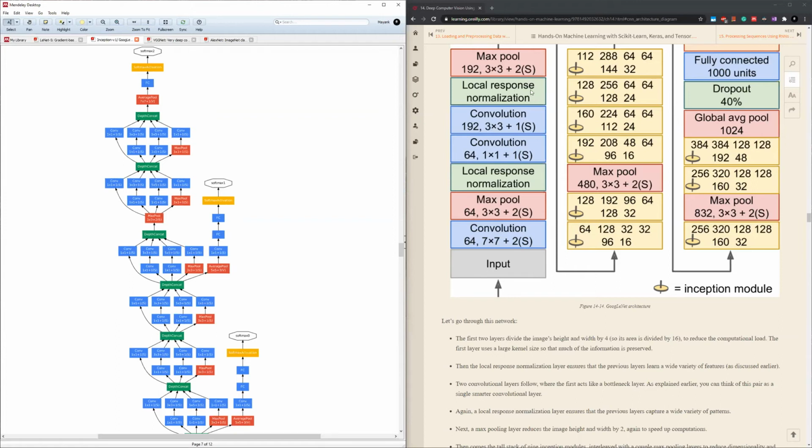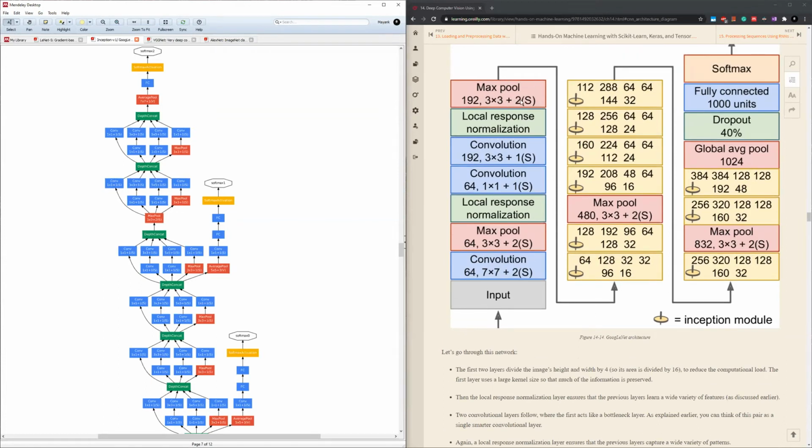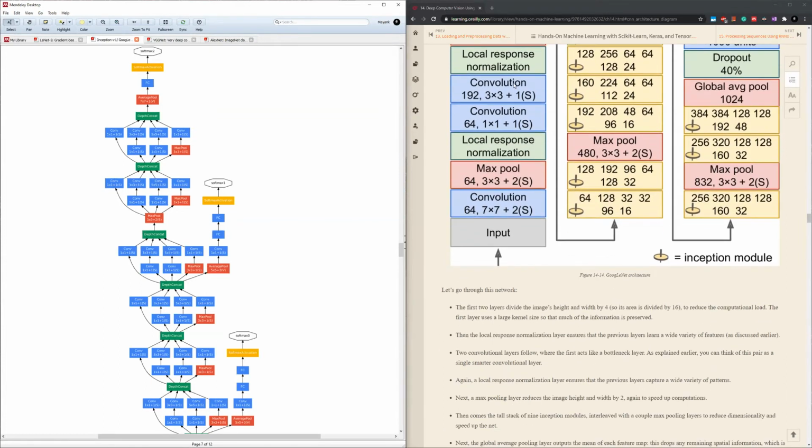Then there is a local response norm layer, which captures a wide variety of patterns. Then the max pool, which reduces it by 2, to speed up the computation.